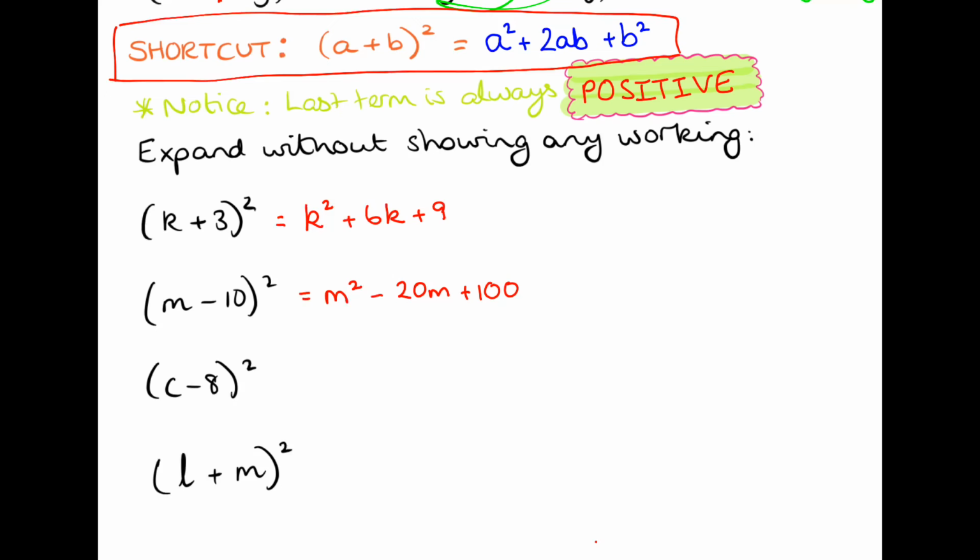And remember, this last term's always going to be positive. Okay, the next one. First thing squared. Multiply the two things together and double it. So that gives you negative 8c doubled is minus 16c. And then you need to multiply this by itself, which gives you plus 64.